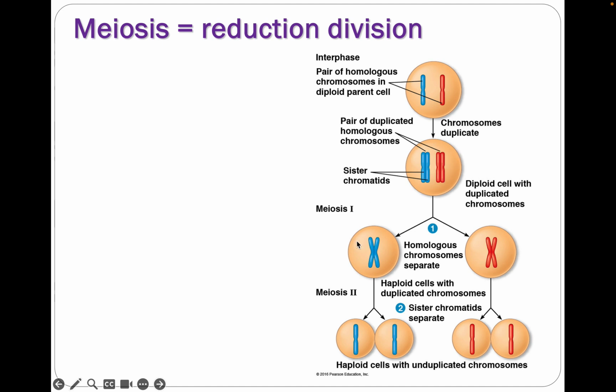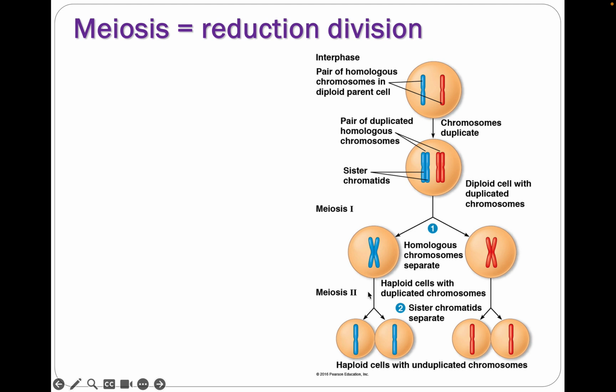And in meiosis 1, it behaves in a lot of the same way as mitotic cell division. We have homologous chromosomes that are separated. So the chromosomes from mom go to one cell, the chromosomes from dad go to another. And then a second round of cell division occurs. This is different from mitosis.